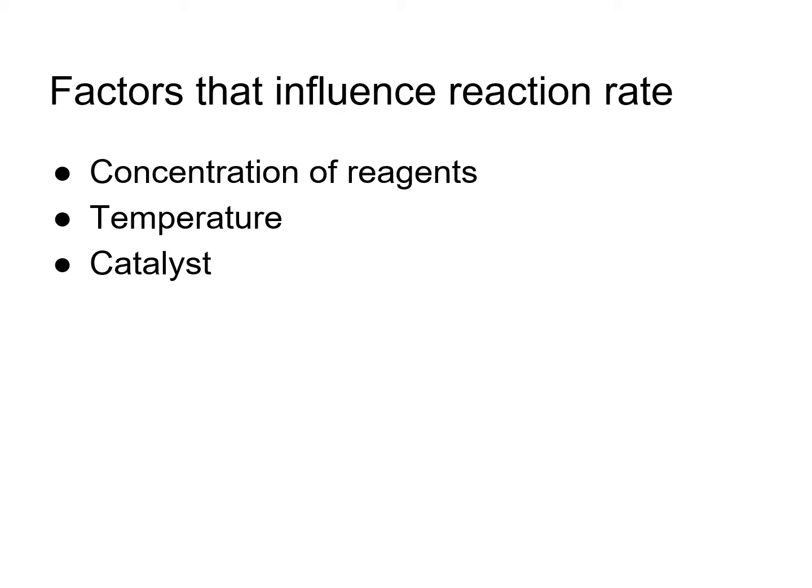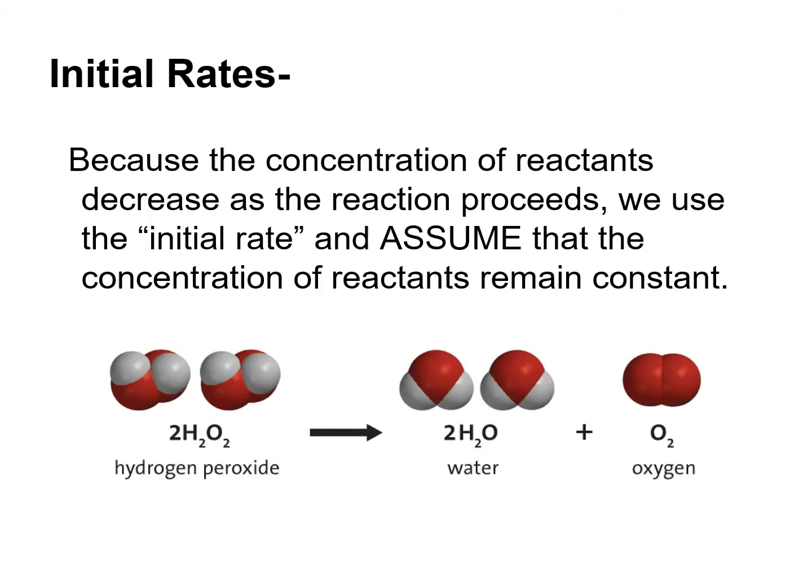And we all know that catalysts are substances that speed up the rate of a reaction. And we will see how these three factors affect the rate of the reaction in this week's experiment.